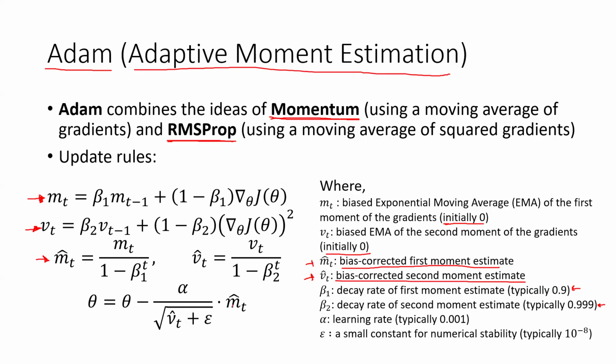So in the Adam optimizer, what we are really trying to do is calculate the second moment estimate like in RMSProp, which is vt hat, by taking the vt value divided by 1 minus beta 2 to the power t.